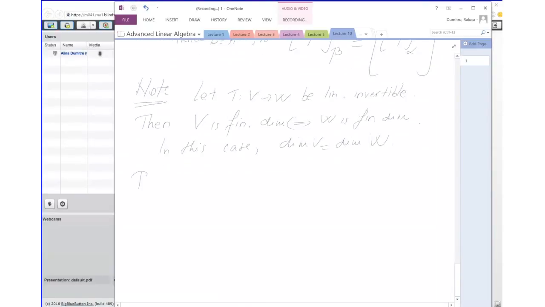Let me try to prove it if this pen will allow. It's kind of dying, I see. So let's see that if and only if thing first. So if V is finite dimensional, let's just say it has a basis of n elements.